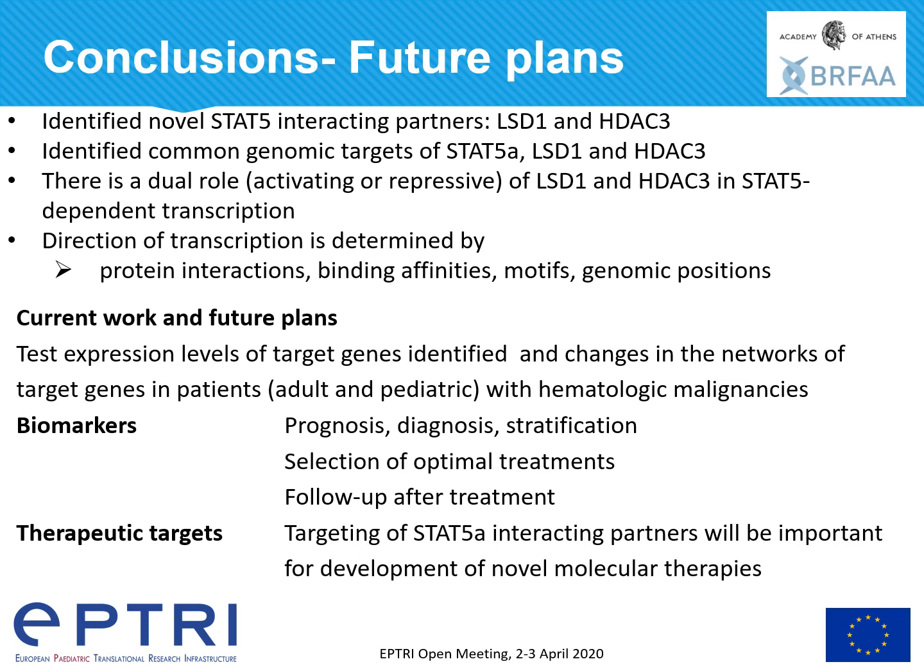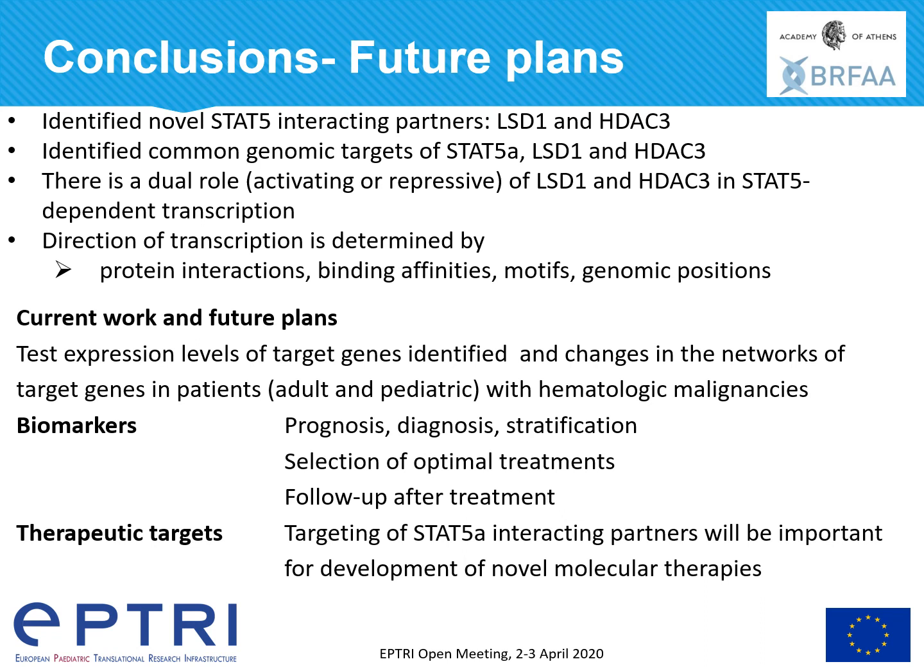Our current work and future plans, of course, involve testing of expression levels of the target genes identified and of the changes in the networks of target genes in adult and pediatric patients with hematologic malignancies.